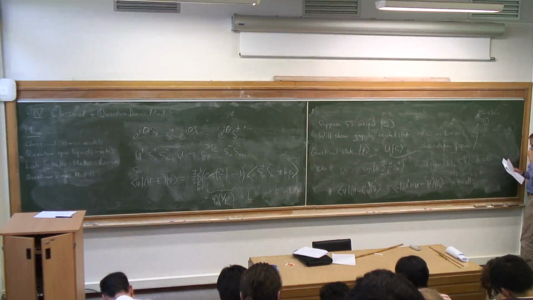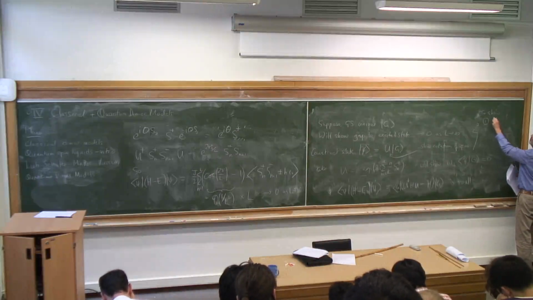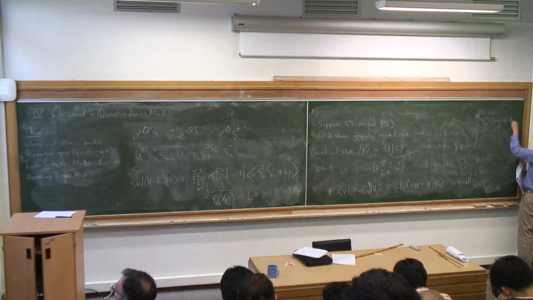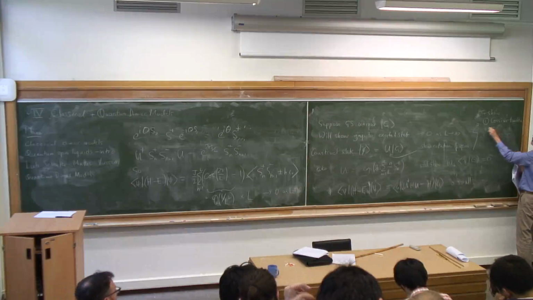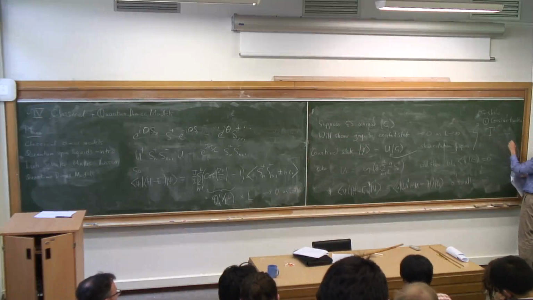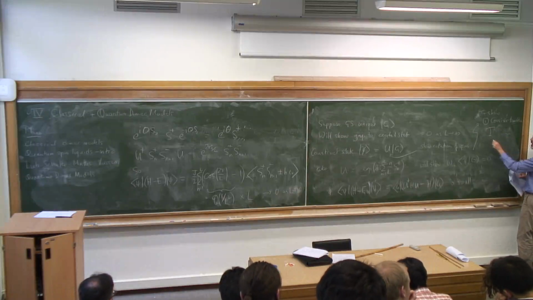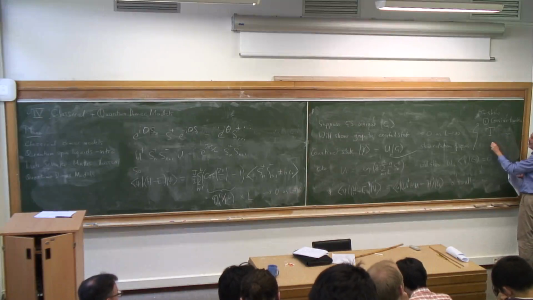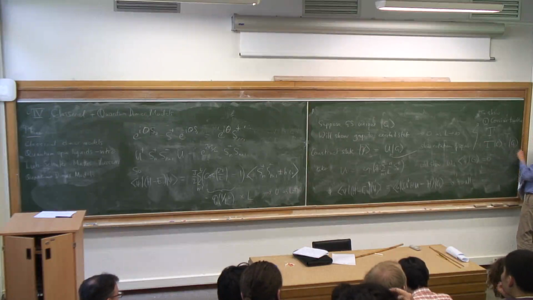So first of all, you want to think about translations. So T will be an operator that's a translation by one lattice site. And since the ground state is unique, you have that T on G should just be G.